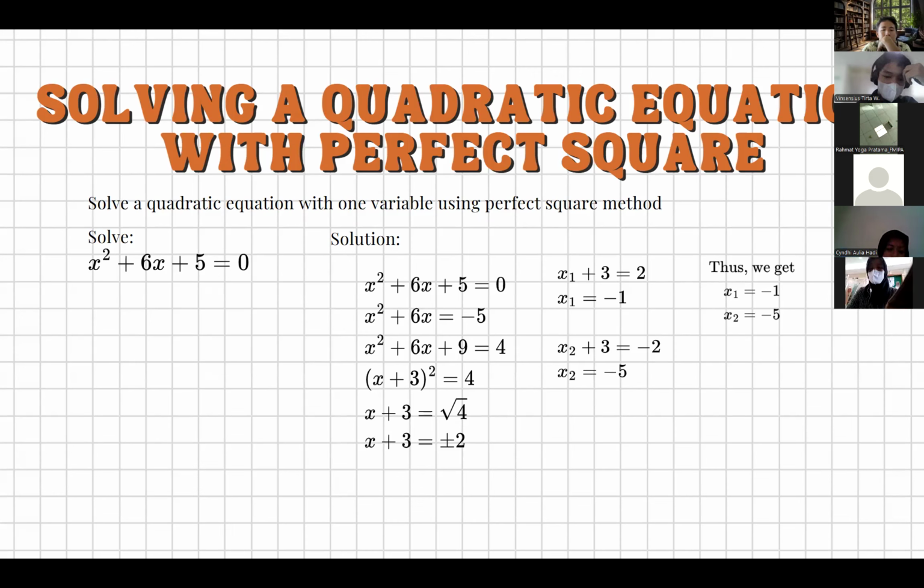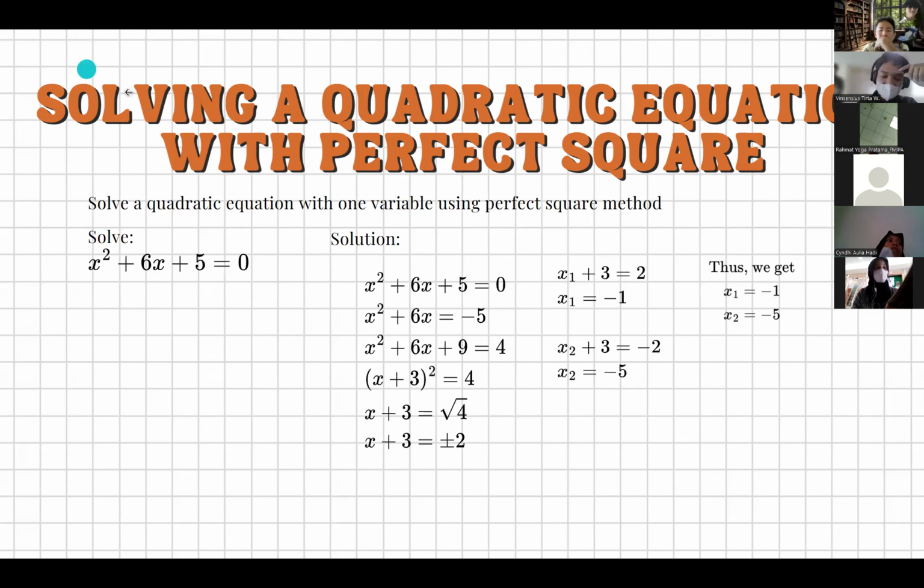Because we know x squared plus 6x plus 9 is x plus 3 multiplied by open parenthesis x plus 3 close parenthesis, we can simplify the factor so that x plus 3 is equal to the square root of 4, and as we know the square root of 4 can be 2 and negative 2. So in this case, x plus 3 is equal to plus or minus 2.